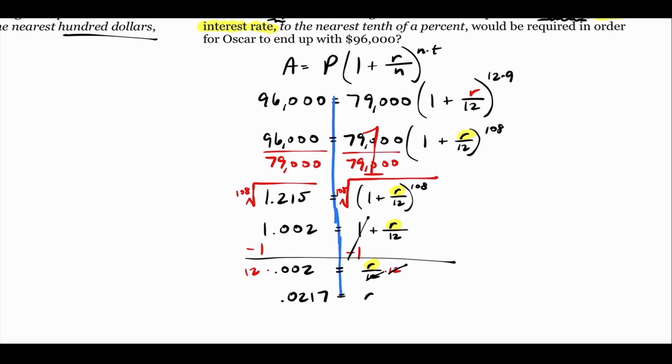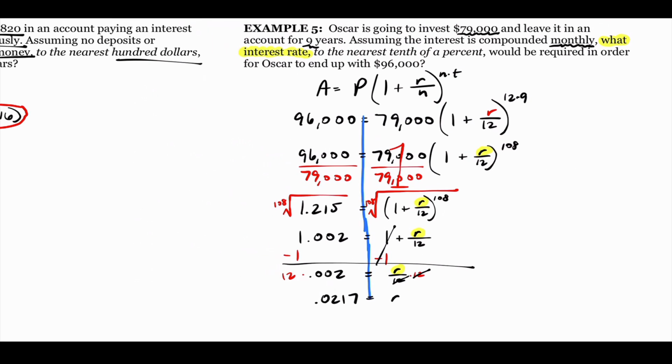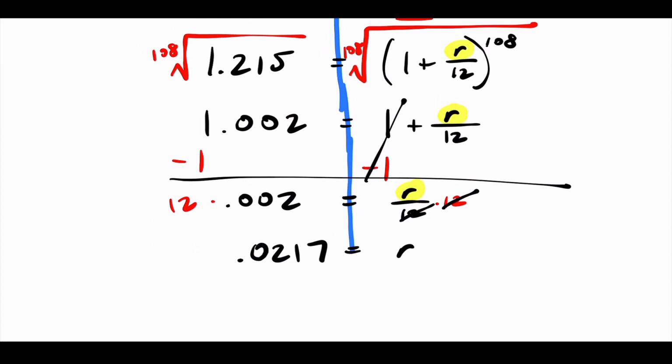Okay, so we haven't changed it to a percent, right? So it's still a decimal. So now let's change it to a percent. How do we change it to a percent? Multiply by 100, so it's going to be 2.17%. And then it said to the nearest 1/10 of a percent. 1/10 is this digit right here.